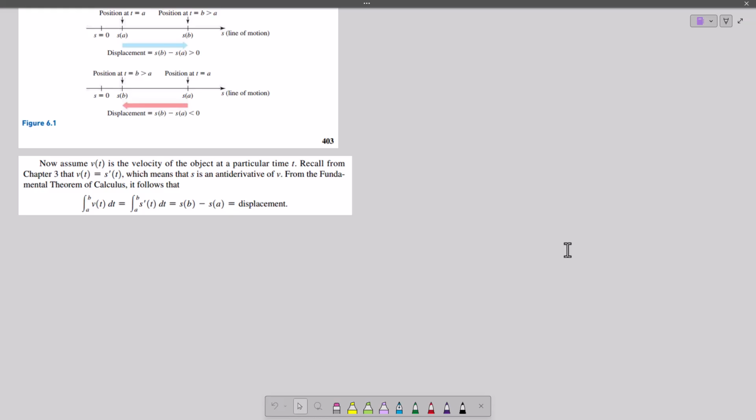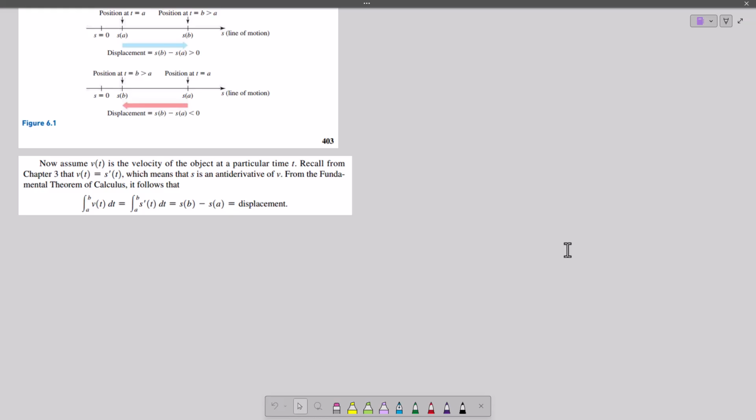So we have this function s that's representing position. And we know of a function called the velocity, which is also s prime. If you have your position at time t and you take its first derivative, that gives you the velocity at time t. So position's derivative is velocity.